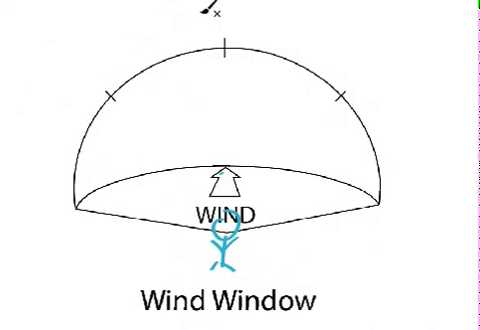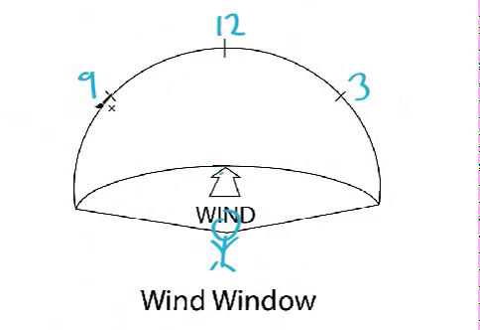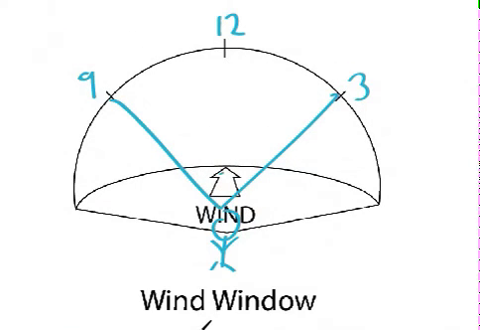Now with the wind window, we like to label it with different numbers, just like a clock face. We have 12, 3 o'clock, 9 o'clock, 9 being to your left, 3 being to your right, and both of them being at 45-degree angles from where you're sitting or standing. And that's straight above you, not in front of you.